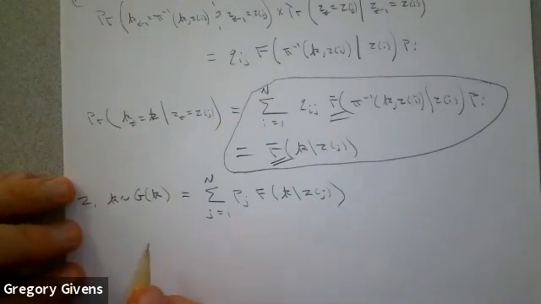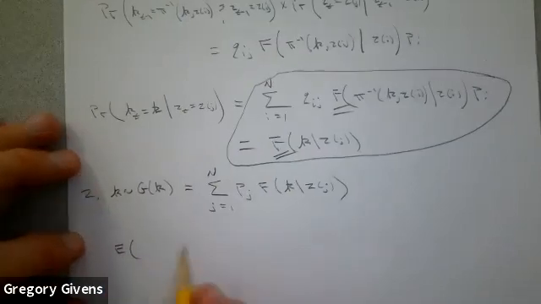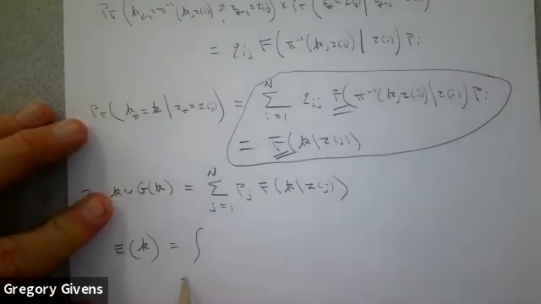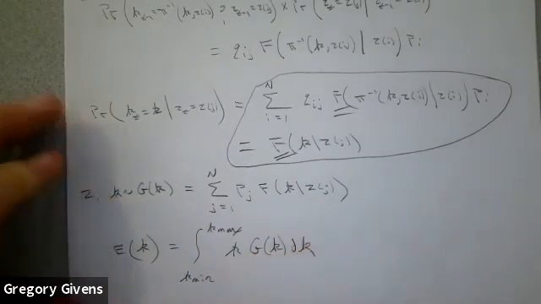So for example, if I wanted to calculate the expected value of K in the long run, what is it going to be equal to? It's the integral from K-min to K-max of K times G of K dK, right?